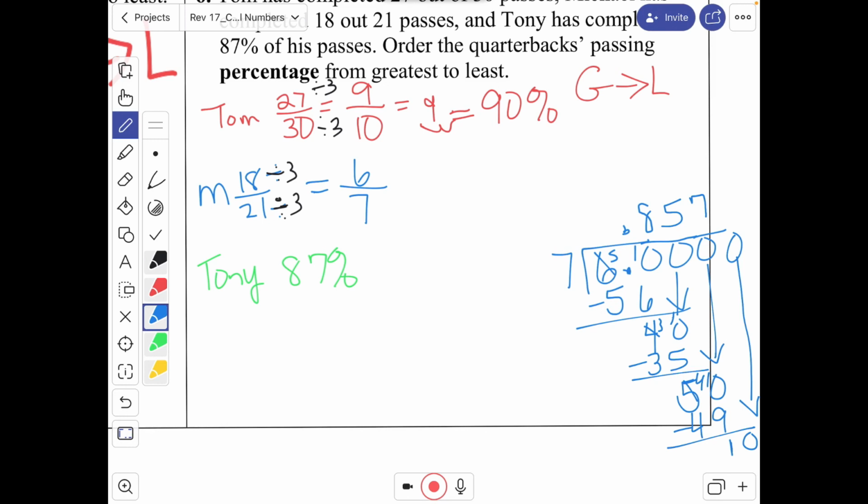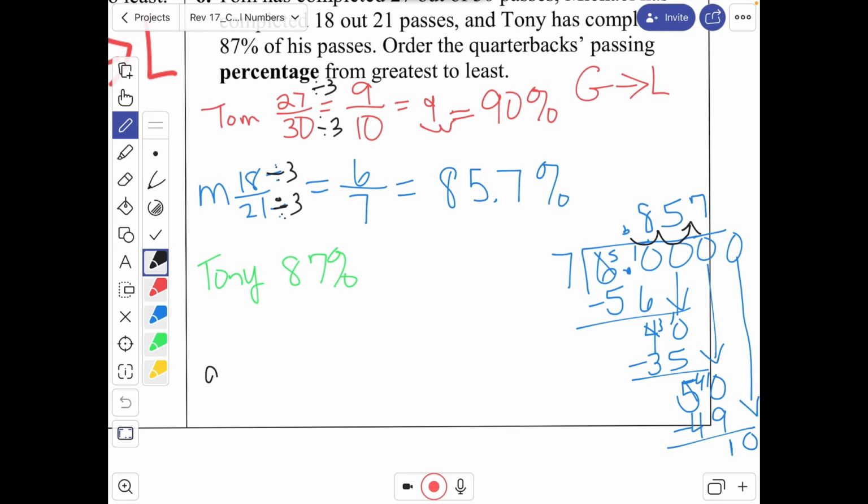Do I have enough information to make a percent? Percents only go 2 spaces past, right? We move the decimal 2 spaces. So do I have enough to make a decimal into a percent? Yes, this would be 85.7%. And that's enough for me to tell what order they would go in.